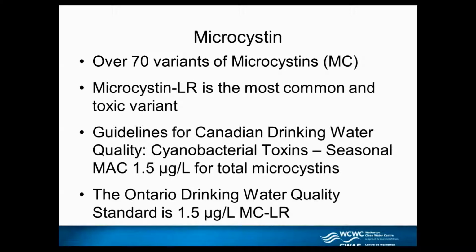Specifically, Health Canada has the drinking water quality guideline for total microcystins as a new maximum acceptable concentration at 1.5 micrograms per liter. And for Ontario, we also have the Ontario Drinking Water Quality Standard set to 1.5 micrograms per liter, and that is of microcystin-LR specifically, so not looking at total microcystins, which would include all of the other variants.